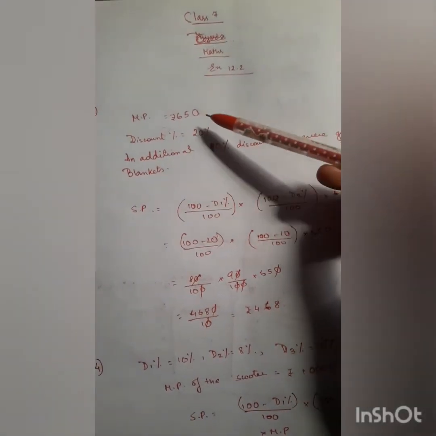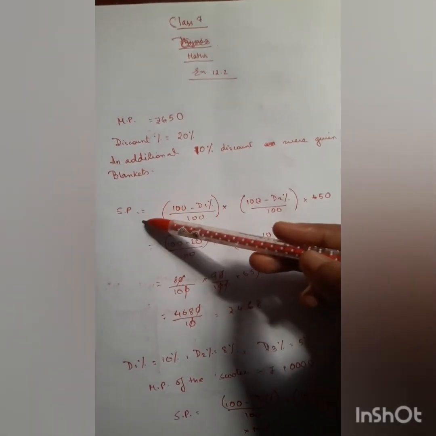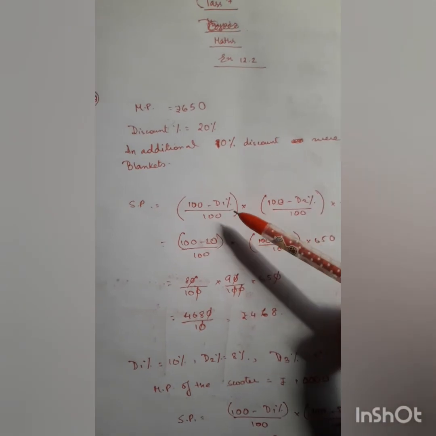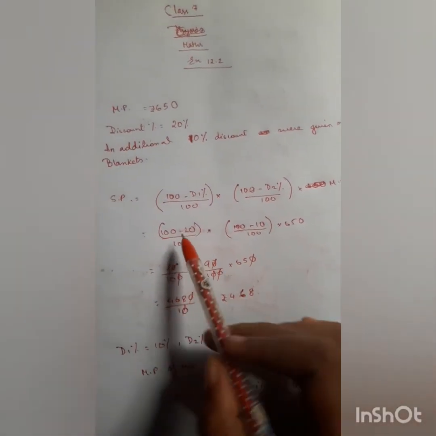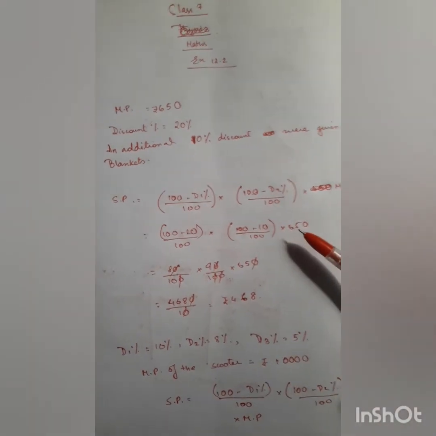So since this is a case of successive discount, two discounts are being given on the article, so we will directly find the SP by using this formula: 100 minus D1% by 100 into 100 minus D2% by 100 into marked price. Alright, so 100 minus 20 by 100 into 100 minus 10 by 100 into 650.